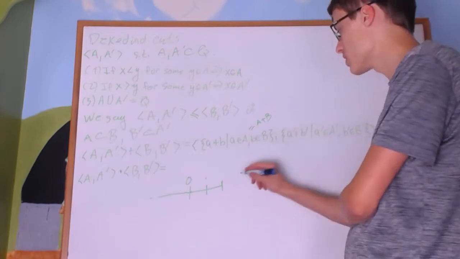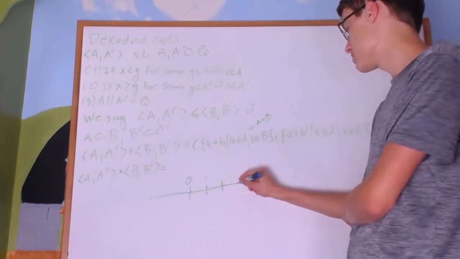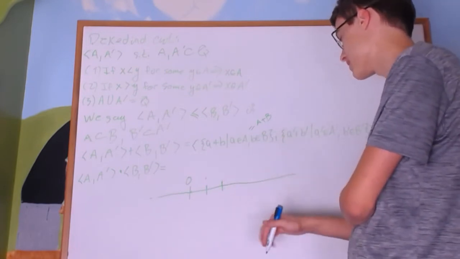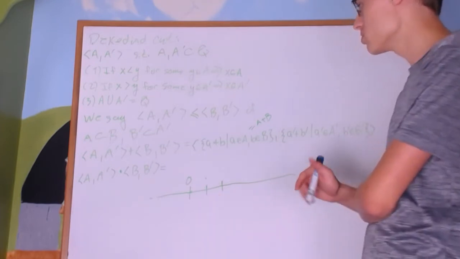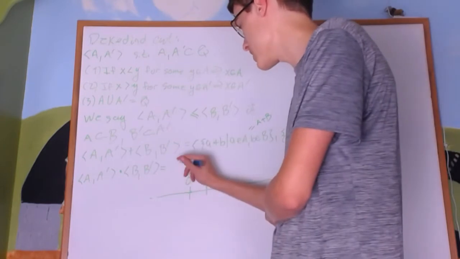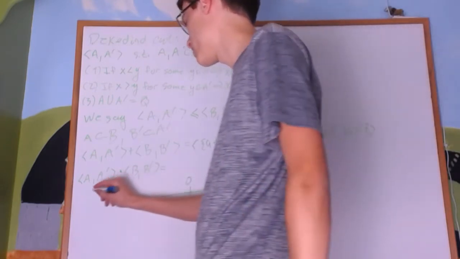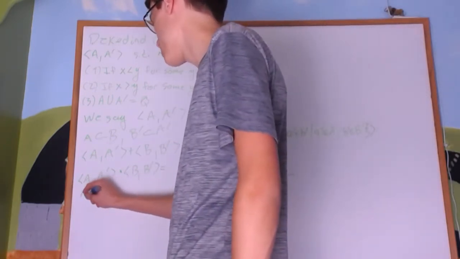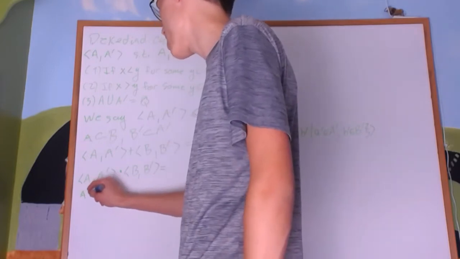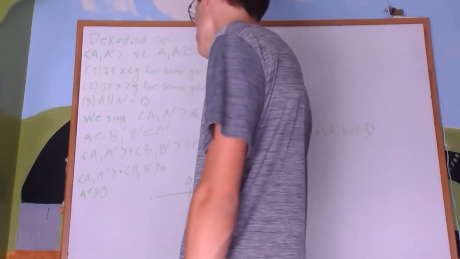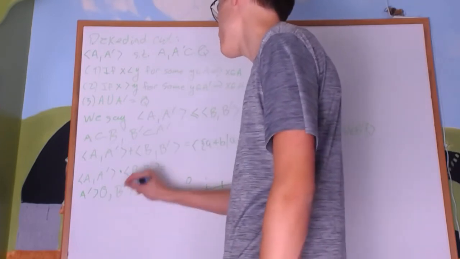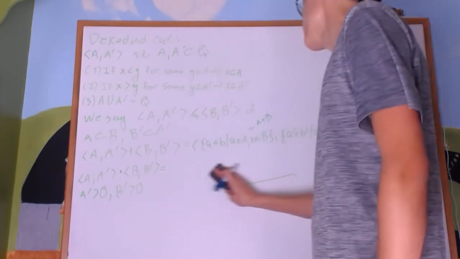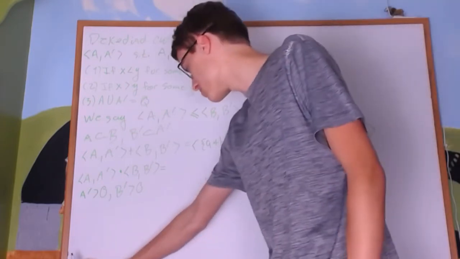And so what you do is you look at the second set. So you look at the sets going up. So you have multiple cases. So if we have it that A prime is bigger than 0, so that means every element is bigger than 0, and B prime is bigger than 0, so that means that every element's bigger than 0.